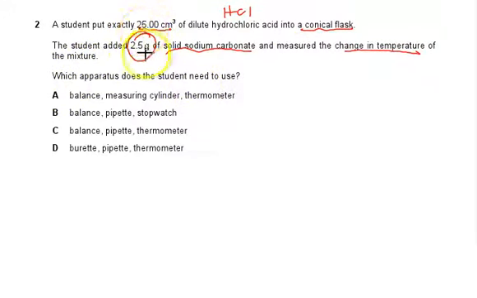Okay, obviously we need to have a balance to measure the mass, and we need to have a thermometer, and we also need something to measure this 25 centimeter cube of dilute hydrochloric acid.